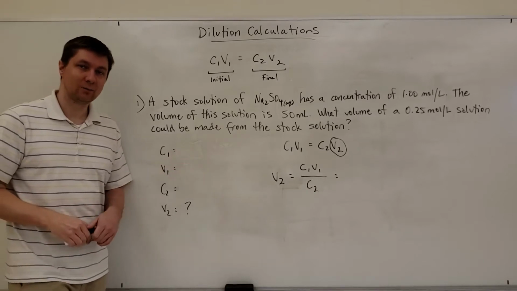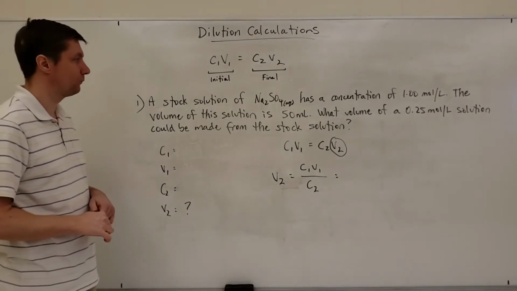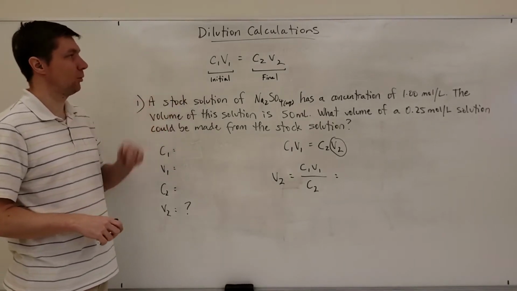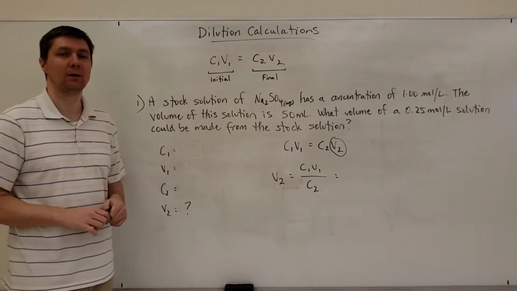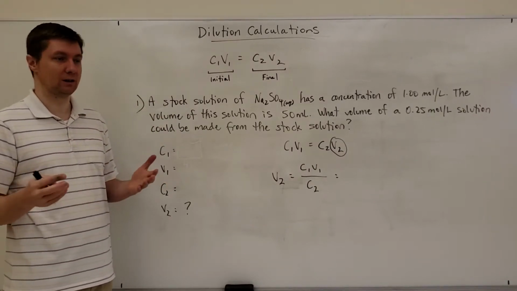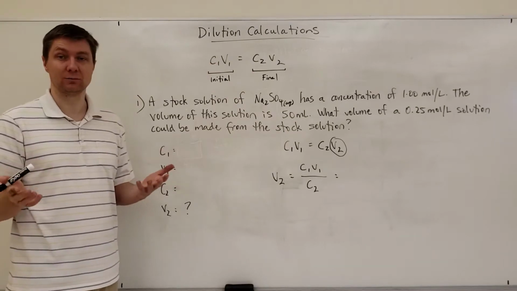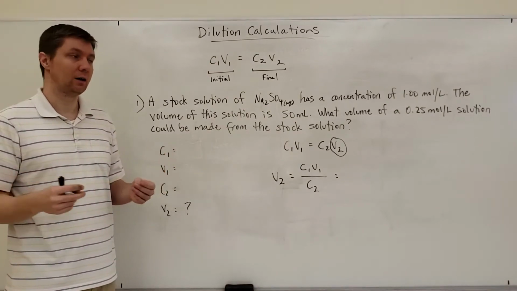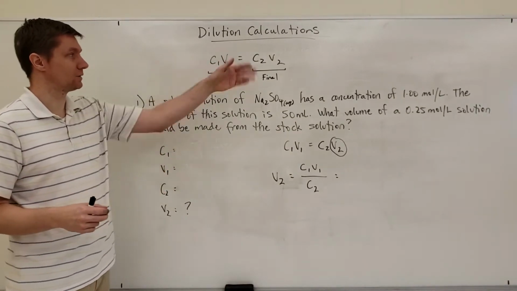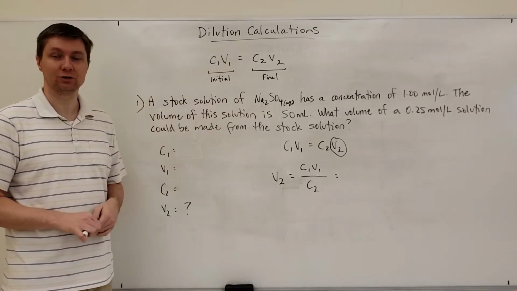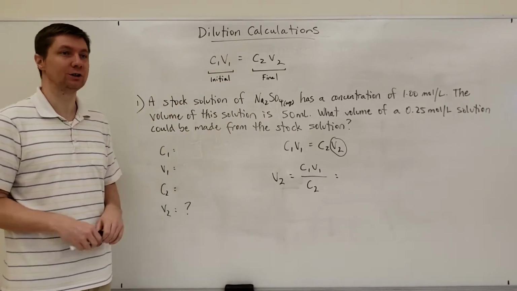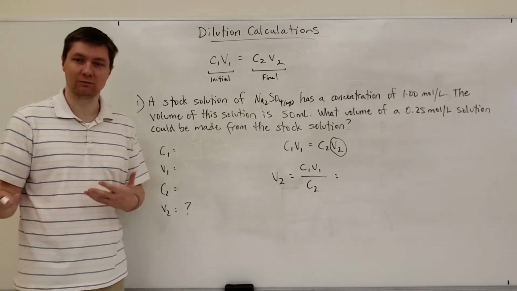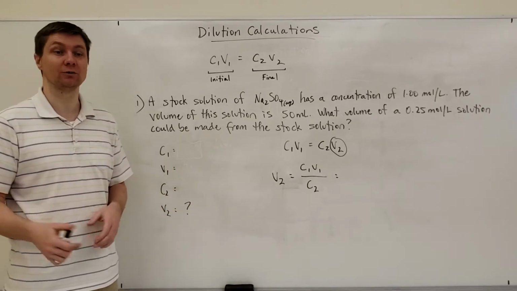Okay, so here's our example that we're going to run through. The first thing I want to point out is the formula up here at the top. And the formula is such that it looks actually really similar to Boyle's law, in that we've got just sort of an initial and a final side to the equation, but instead of pressure and volumes, here we're dealing with concentration and volumes.